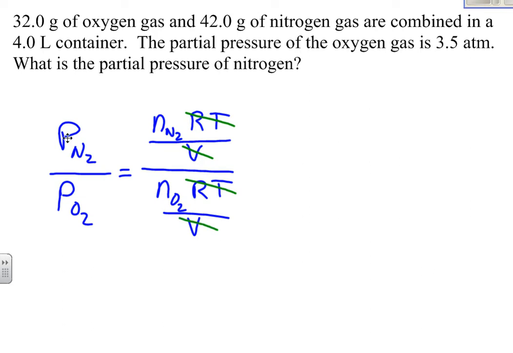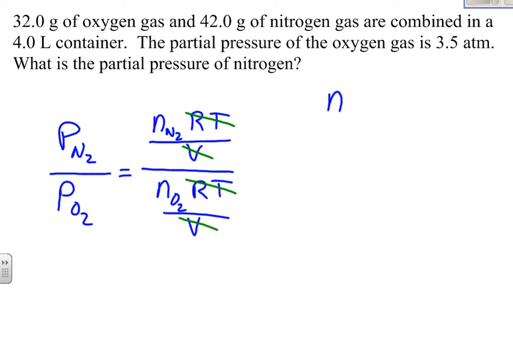They're in the same container, so they're going to have the same volume, the same temperature, and R is the same for both. So what we find out is that the ratio of pressures of the nitrogen and oxygen is the same as the ratio of the moles. So we can actually go through and figure out the number of moles given the masses of each gas.